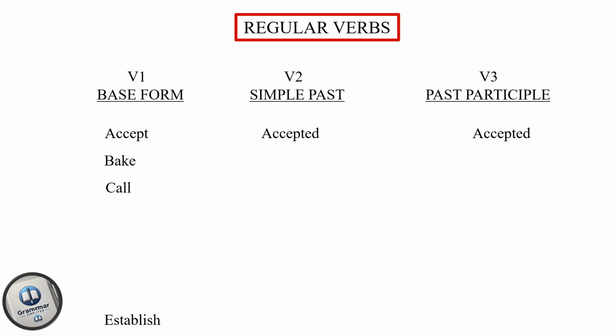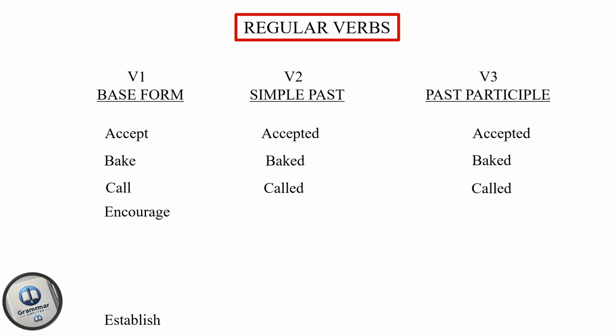V3 is past participle form. Here, the first example, accept, you are going to add ed: accepted. Past participle form of accept is also accepted. So, bake, baked, baked. So, past tense and past participle form will be the same in regular verbs. Call, called, called.